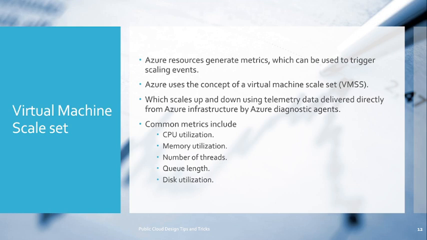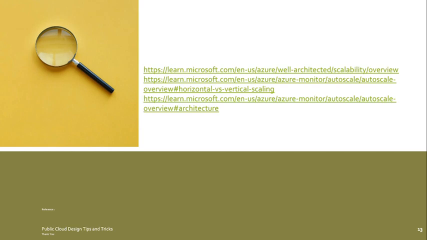And these metrics are generally CPU utilization, memory utilization, number of threads, queue length, disk utilization. Based on these metrics, the scale sets will make your virtual machines behave in an efficient way. We'll definitely cover this topic in more detail in the upcoming videos. But yeah, that's it for the autoscaling side.